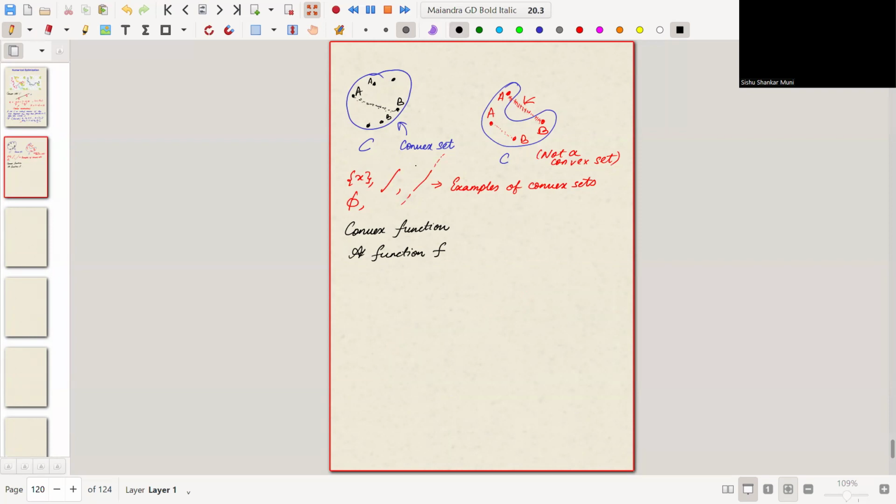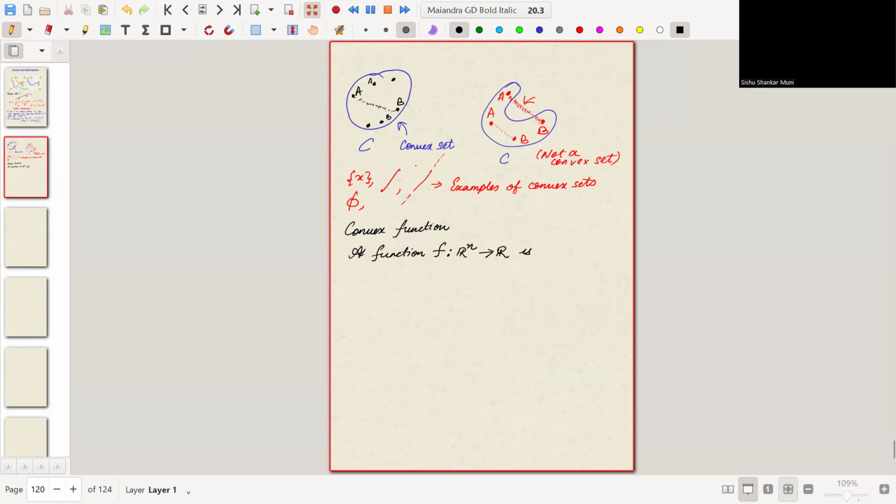It can take its input from n dimensions, like a function of n variables x1, x2, x3 up to xn. That means R^n is the domain. And suppose it gives you only a one-dimensional output, that is a real number, that is R. So it takes input from n dimensions and outputs only one value.